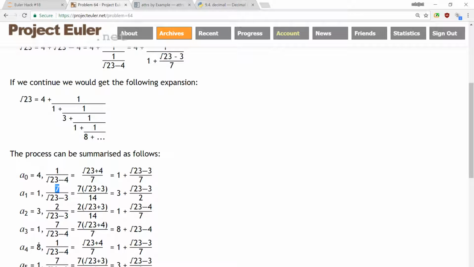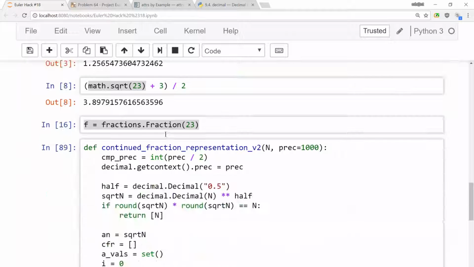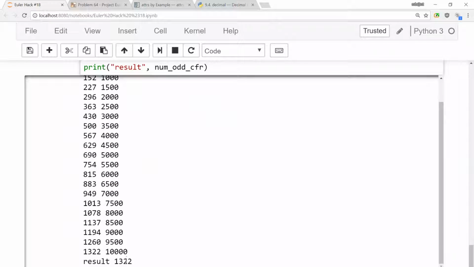Fair enough. Okay, so this and this. Then I guess it's more or less writing it down. You can always just try this.